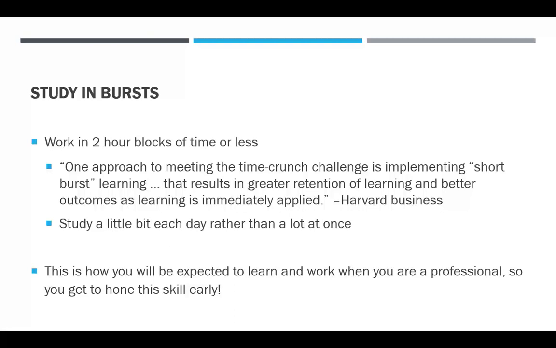Now, when we're talking about studying and setting up those study schedules, we want to think in terms of 2-hour blocks of time or less. A lot of the research is showing that when we're using screens and online platforms, our focus time is not as great as if we're using books and paper, because our eyes are filtering so much light and the pixels.